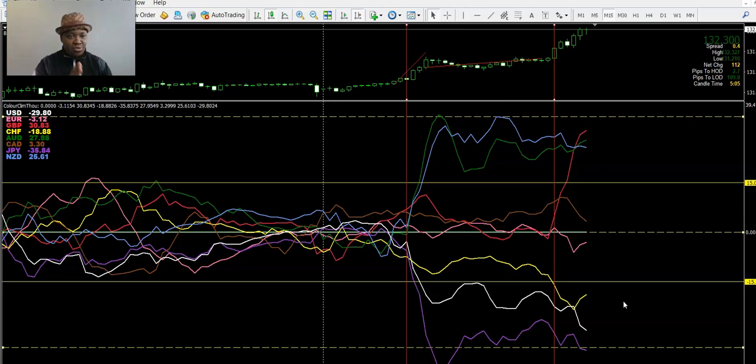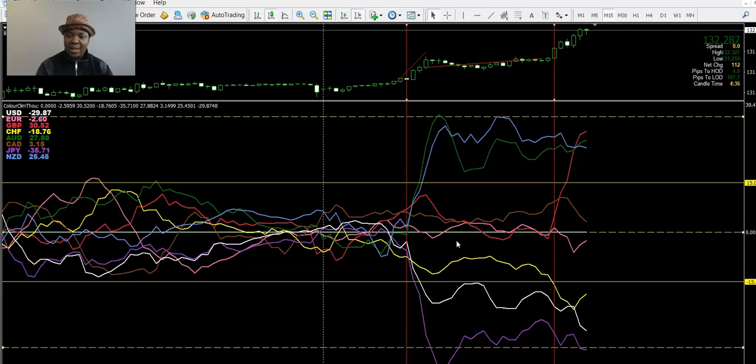The best trades, this is very important, you can put this in your notes if you're using the strength meter: the best trades come when both currencies are closer to the zero line. I'll repeat again. The best trades when it comes to strength meter trading come when both currencies are closer to the zero line.